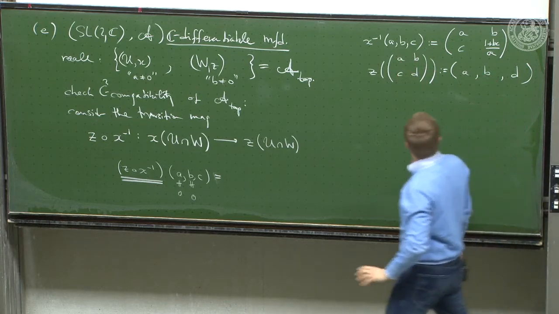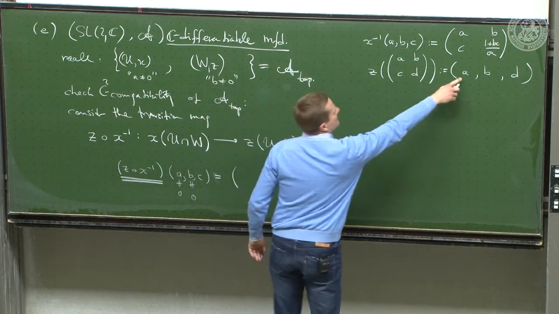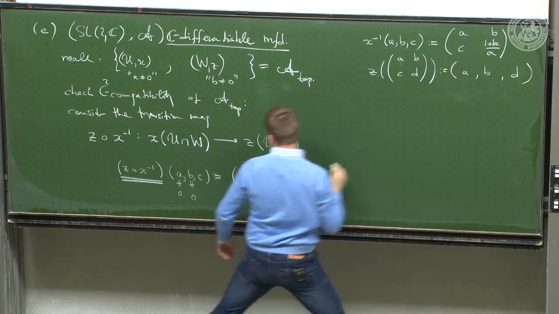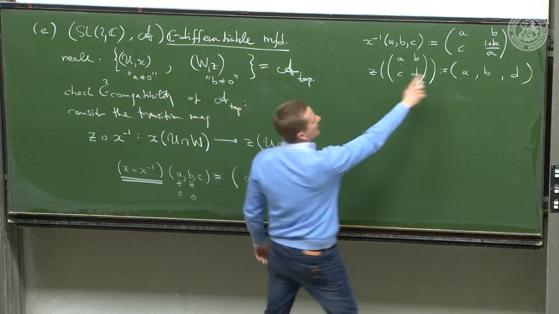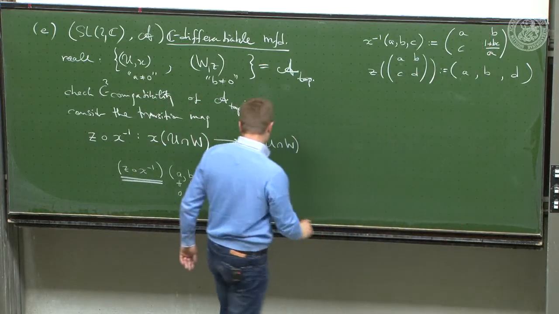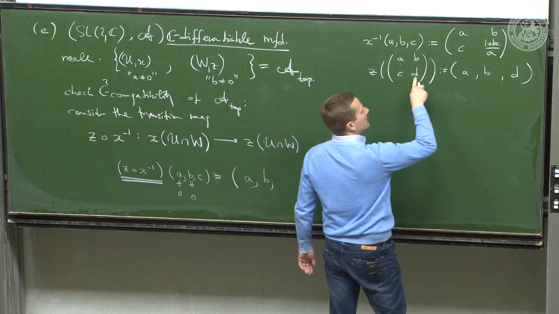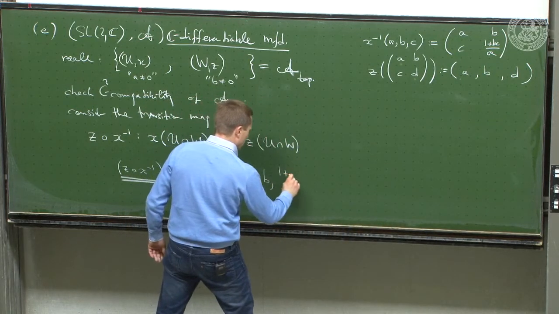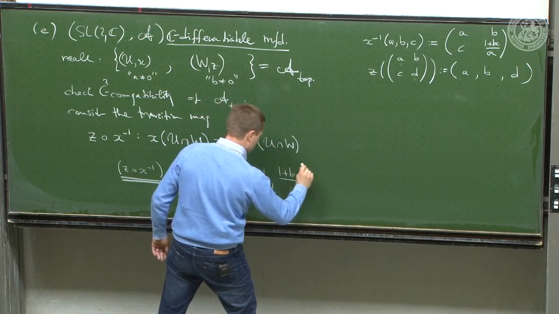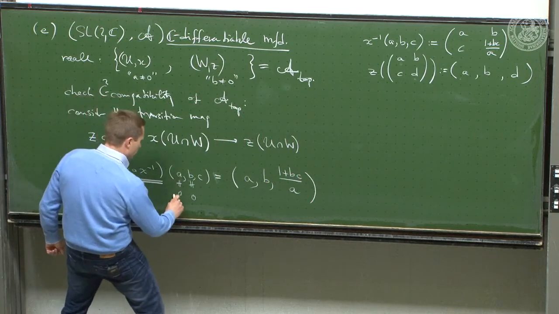What we get is the first entry, which is an A, then the second entry, which is a B, and then the entry down here, which in this case is 1 plus BC over A.